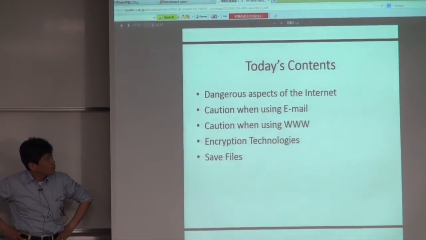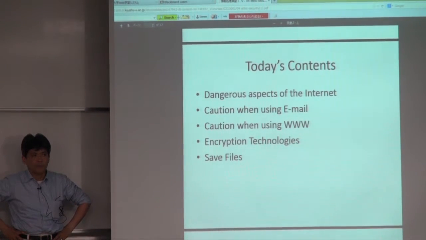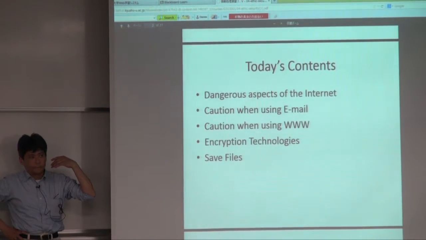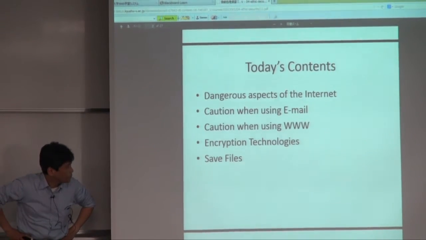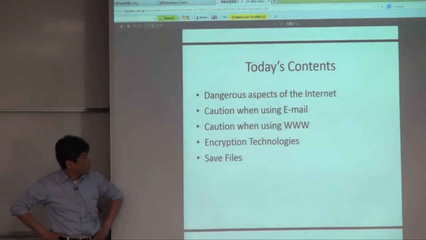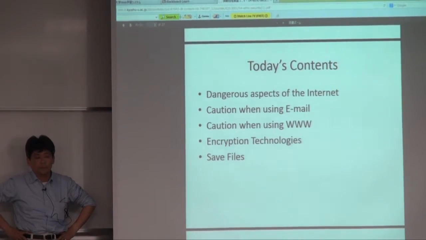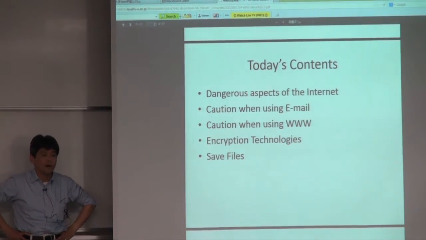And I also introduce encryption technologies for secure activity, for saving a file or sending or receiving any message. And finally, I introduce some encryption software for saving important files.